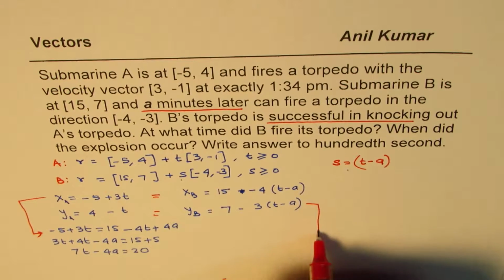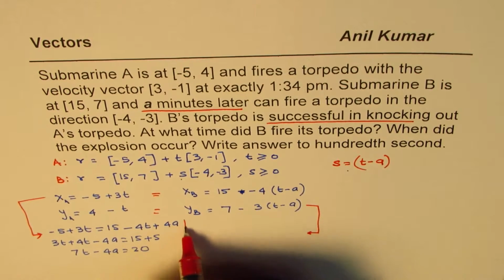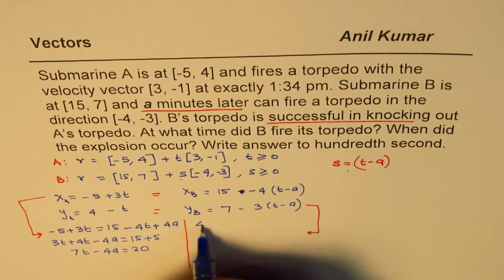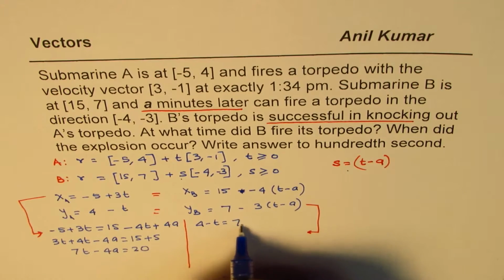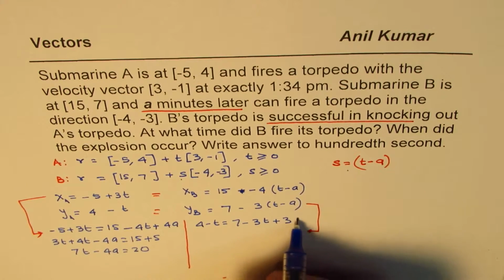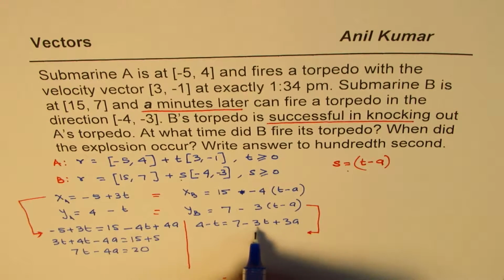Now let's compare the y coordinates and get the other one. Comparing y coordinates, we get 4 minus t equals 7 minus 3t plus 3a, after expanding.